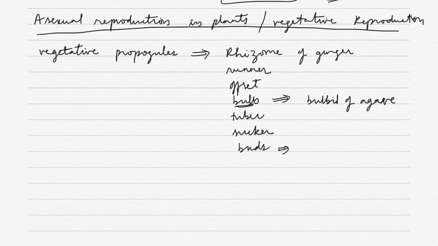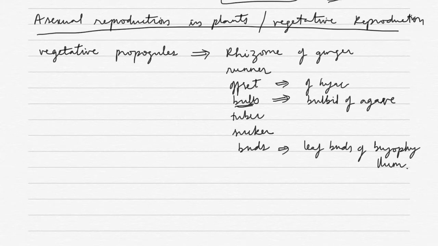We have adventitious buds or leaf buds of bryophyllum, offset of hyacinth, tuber of potato, rhizome of ginger, and we have another example of banana.